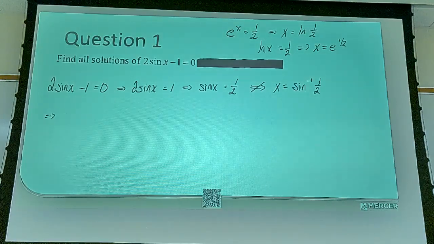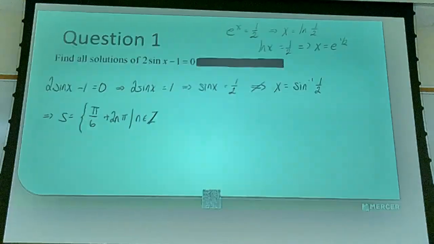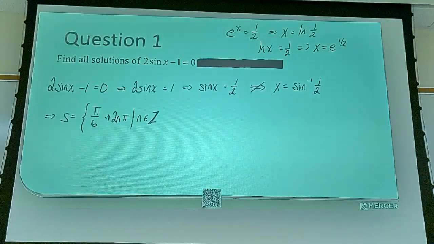So our solution set is a union of sets. The first is the set of all values pi over 6 plus a multiple of 2 pi.